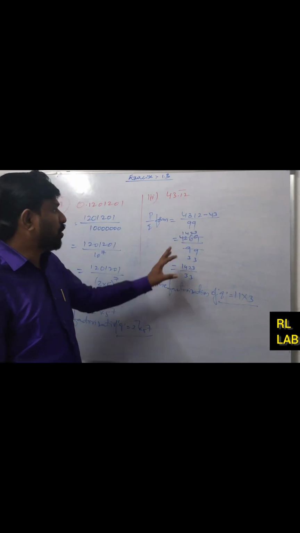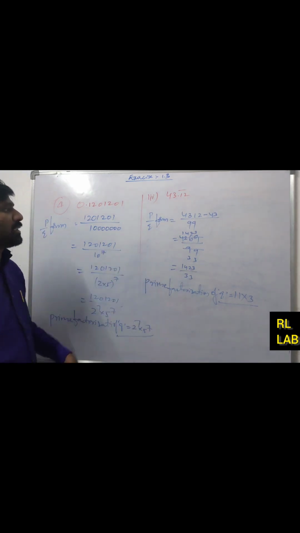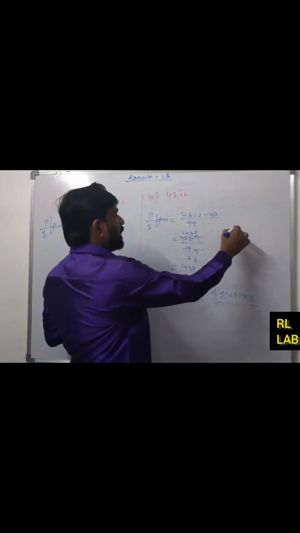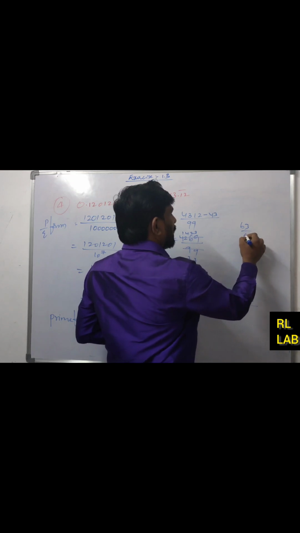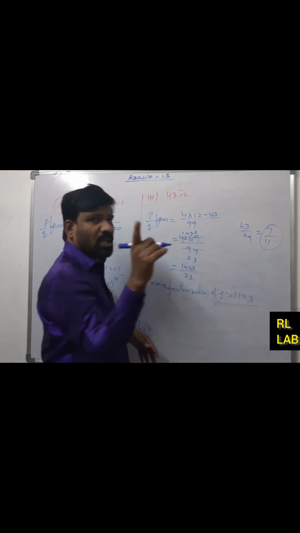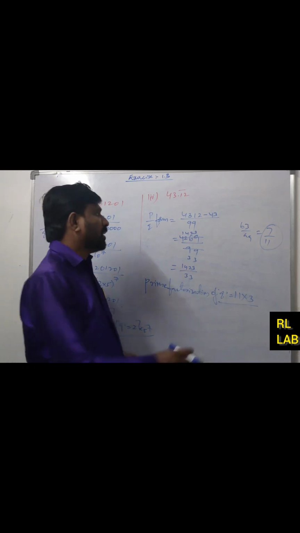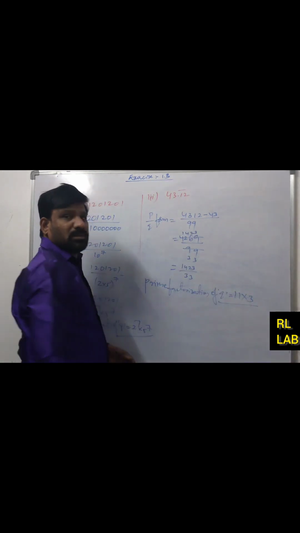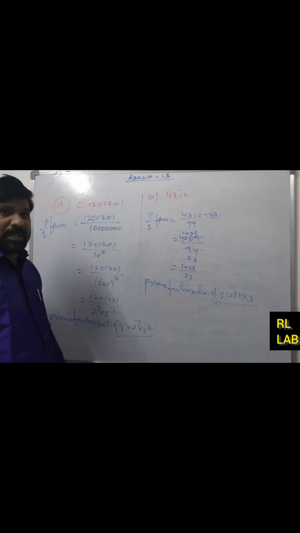Clear? Again it goes in the 3 table, again 63 by 9 is 7, and 99 by 9 is 11. So 7 by 11 is the required answer for the last problem. Okay, I hope this exercise is also clear to everybody, right?